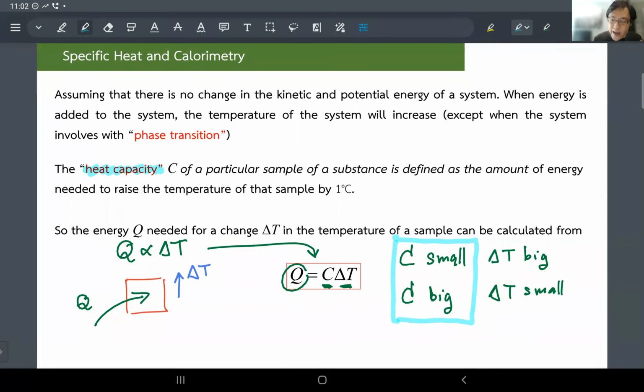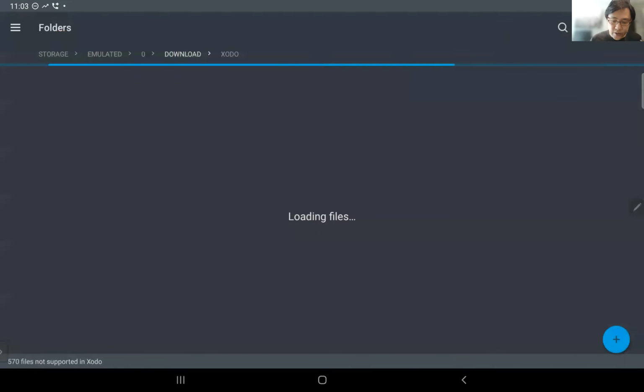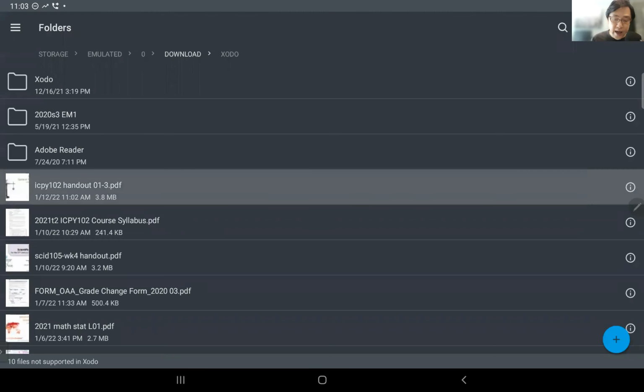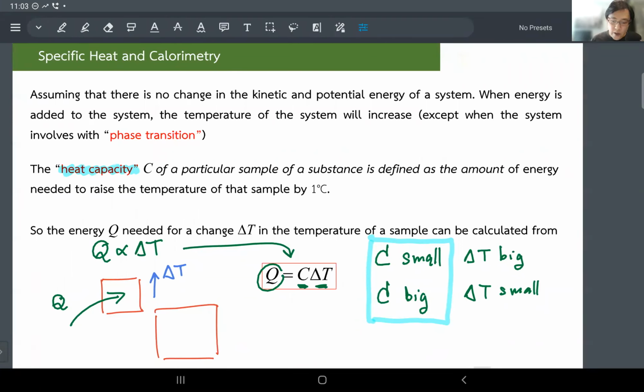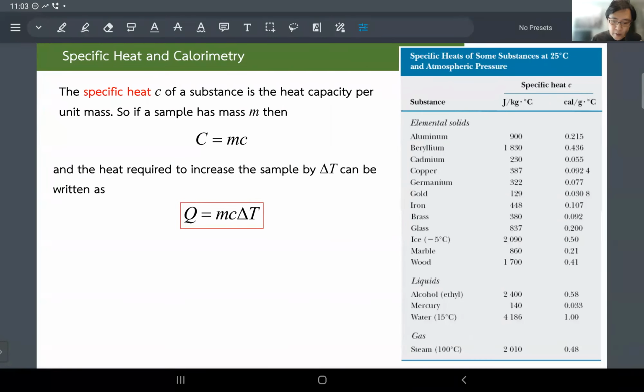However, the bad thing about this C that we're using as heat capacity here is that it depends on the object itself. Because if I bring in a bigger piece of this material, a super big one, C will get bigger, depending on the size of the object. Everyone seems to agree with that. So instead of defining this as the heat capacity of an object, we're going to do something a little simpler.